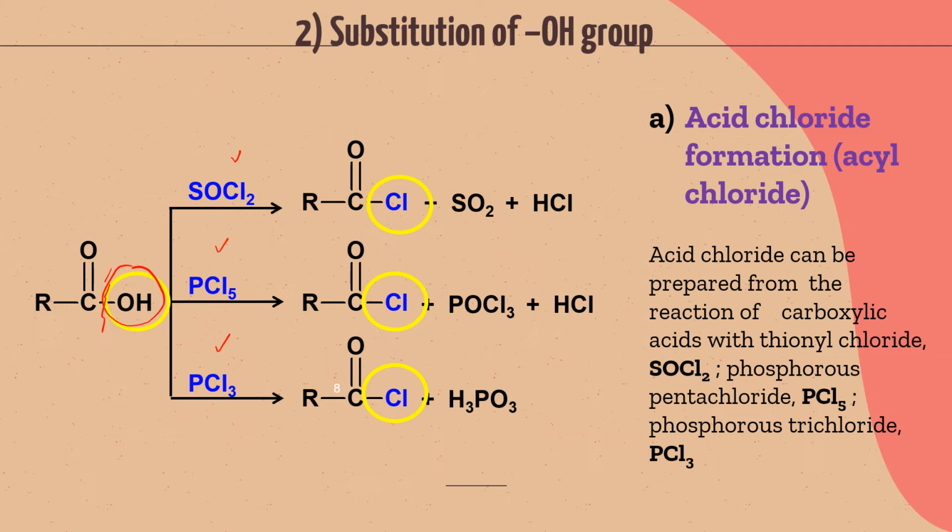Okay, because kita gunakan Cl reagent di sini. Okay, so the product here is known as acid chloride ataupun acyl chloride. Acid chloride can be prepared from the reaction of carboxylic acid with thionyl chloride, phosphorus pentachloride, and phosphorus trichloride.